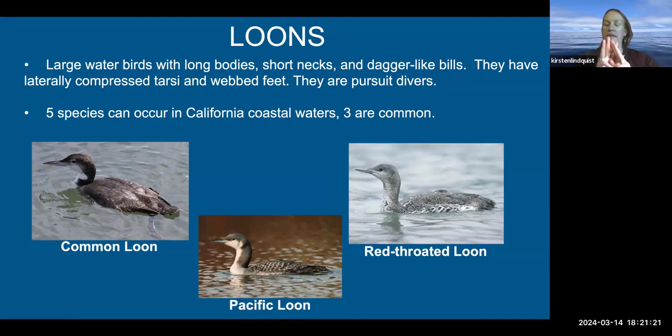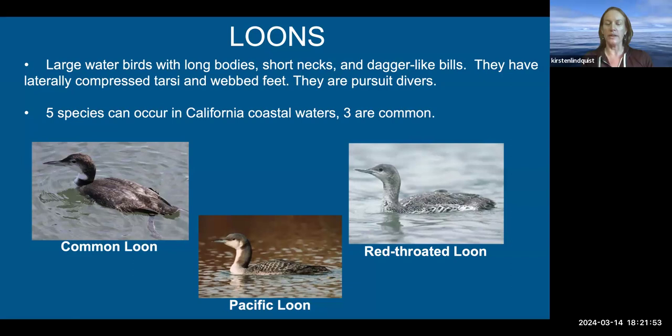But they have webbed feet, and they are pursuit divers, which means they just sit on top of the water and then they dive and spend quite a bit of time under the surface, changing directions, chasing fish before coming up. And so some of these tricks about how they're foraging will be helpful for you in the field.